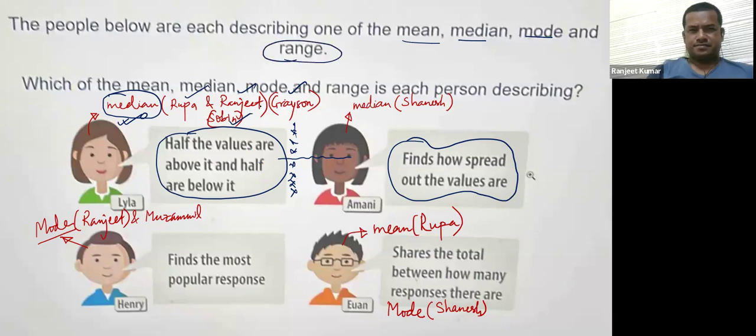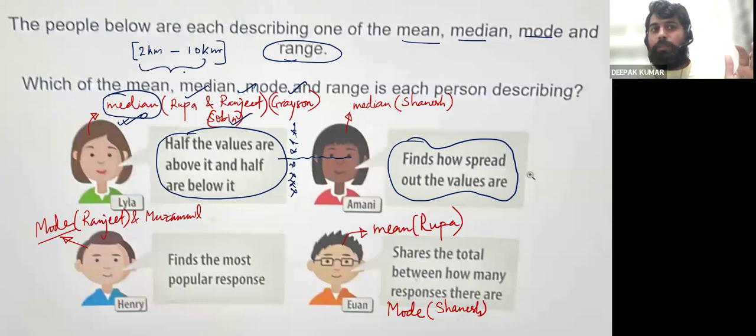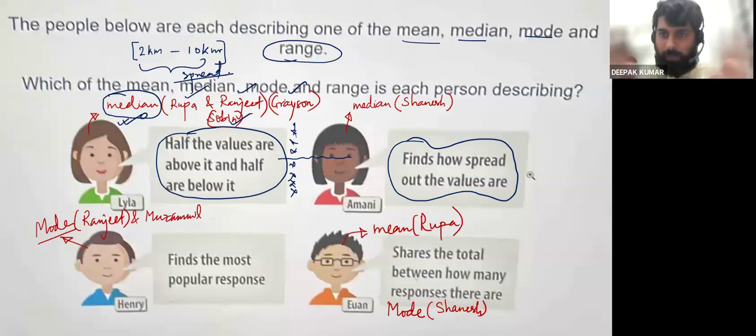Range means, say, I can walk 2 kilometers to 10 kilometers in a day. This is my range. This is my spread. Beyond this, I won't be able to walk.